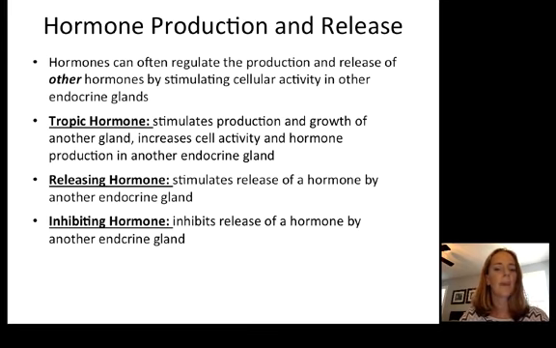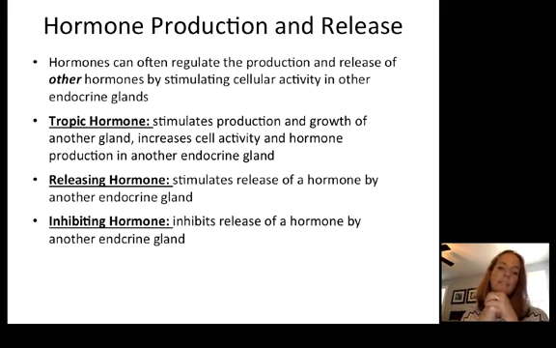So if something is tropic, it increases growth. In other words, it's going to send signals to another gland to grow more and produce more. And because that other gland is an endocrine gland, it's going to grow more endocrine product. It's going to increase the activity of those cells and produce more hormone.